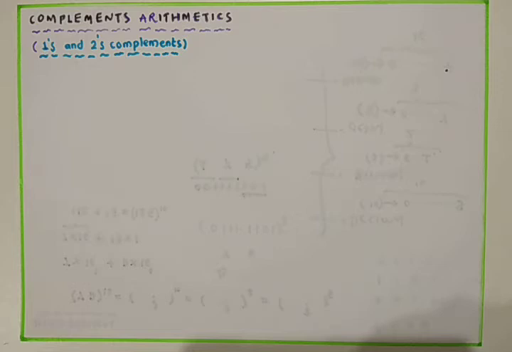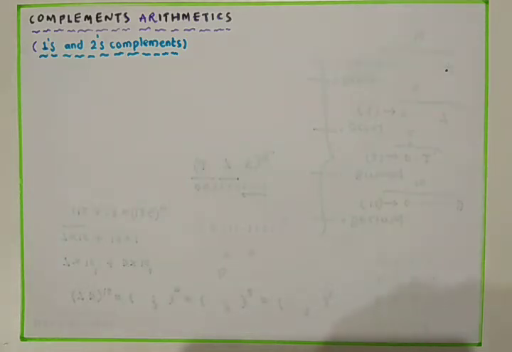In this video, I am going to discuss how complements can be used in performing some arithmetic. Mostly complements such as ones complement, twos complement, sevens complement, eights complement, nines complement and tens complement, 15's complement and 16's complement can be used to perform subtraction in the form of addition.